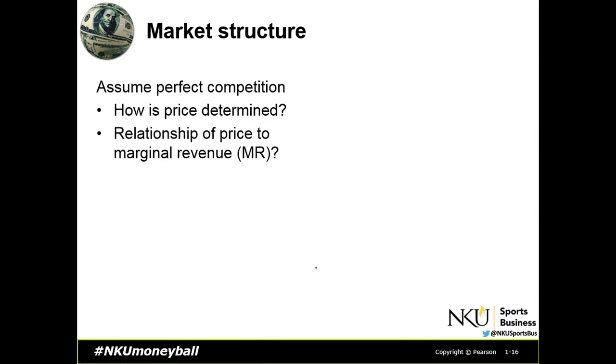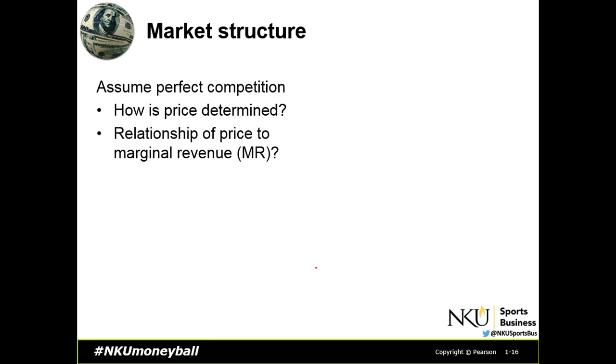So how would price be related to marginal revenue where there's perfect competition? Marginal revenue, again, is the revenue that I make for each additional unit of product that I sell. Marginal revenue would be the same as price, right?